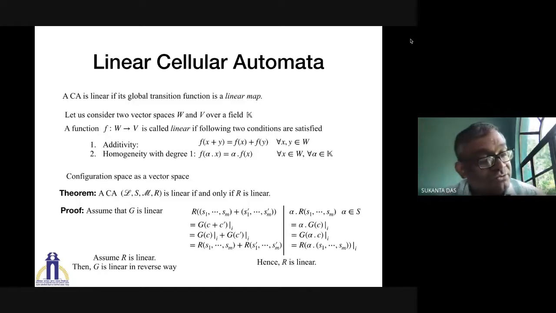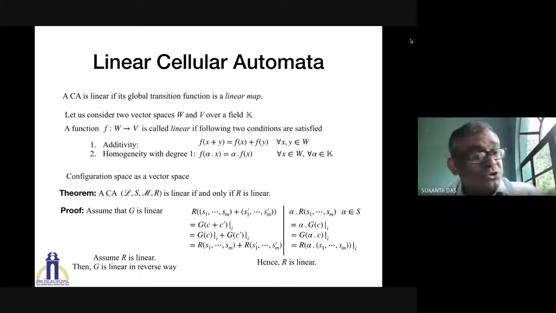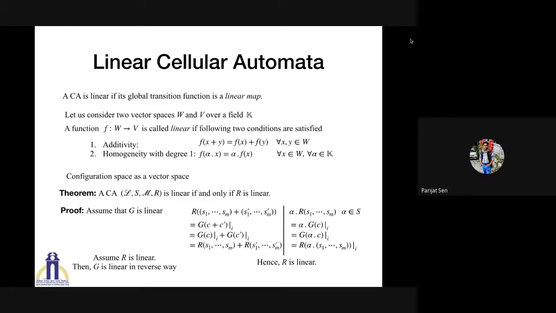Any question you have? I just want to ask a question: is alpha into R of S1 to Sm and R of alpha into S1 to Sm similar? Sorry, please repeat.